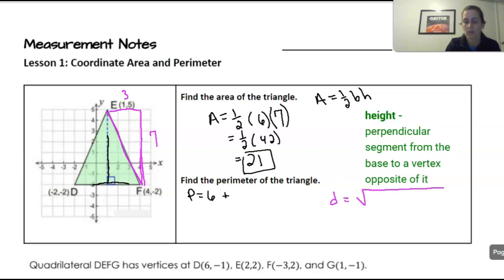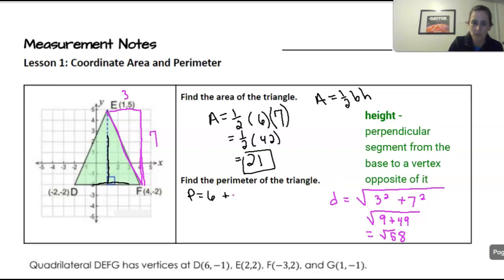So it'd be the square root of a squared plus b squared. Again, this is the same thing as distance formula. It's just that instead of subtracting the coordinates, I'm just counting the distances between those coordinates. So we would have 3 squared plus 7 squared. So we would get 9 plus 49, which is square root of 58.